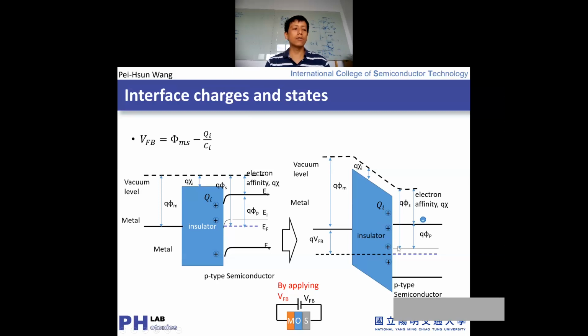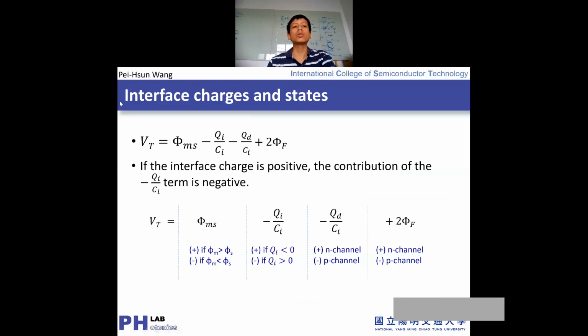So we compensate the initial trap charge. Okay, so if you want to look ahead for the flat band condition, you need to consider both the trapped charge and also consider the initial work function between semiconductor and the metal. Okay, so these things you can consider for the contribution to the threshold.